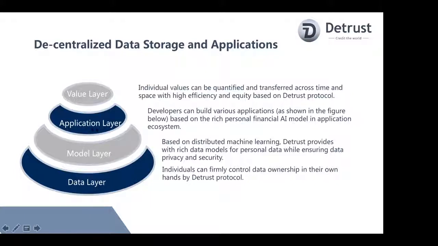And also, we build applications on top of the machine learning models. So the applications can serve our blockchain users and also contribute benefit and profit to the blockchain companies. That is the whole stack. So the first layer is the data layer, and then we build a machine learning model on the data layer, and then we build applications using the models. Okay, that is the whole stack.